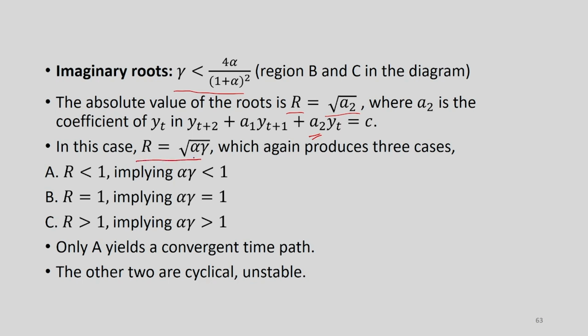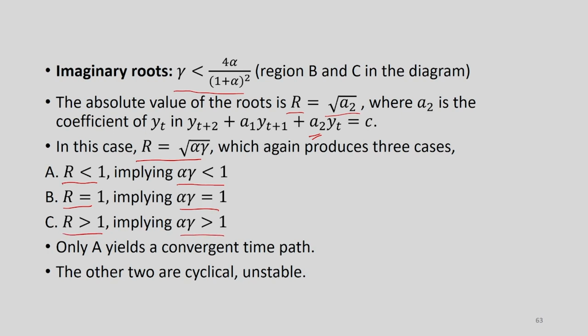So, r is equal to root over alpha multiplied by gamma, and here again, like before, there are going to be 3 cases. r less than 1 means convergence; in this case alpha multiplied by gamma has to be less than 1. r equal to 1 means alpha multiplied by gamma is equal to 1, and r greater than 1 means alpha multiplied by gamma is greater than 1.